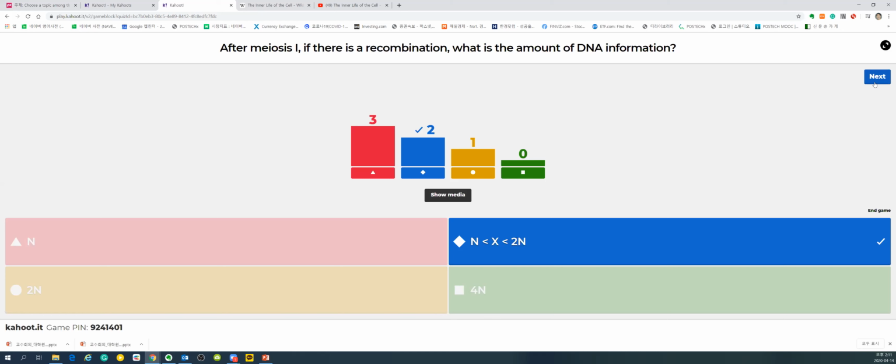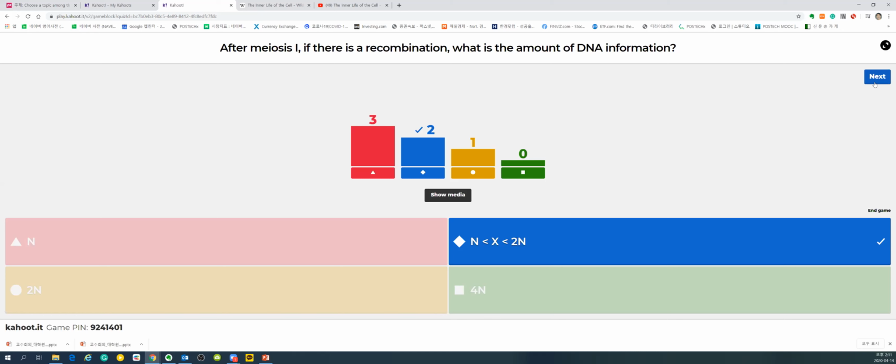So if this copy is from mother, and partially father information is introduced into this chromosome, that's why a little more diversity is introduced. So that amount cannot exceed 2N, and that should be bigger than N. That's why if recombination is happening, more diversity is introduced, bigger than N and less than 2N.